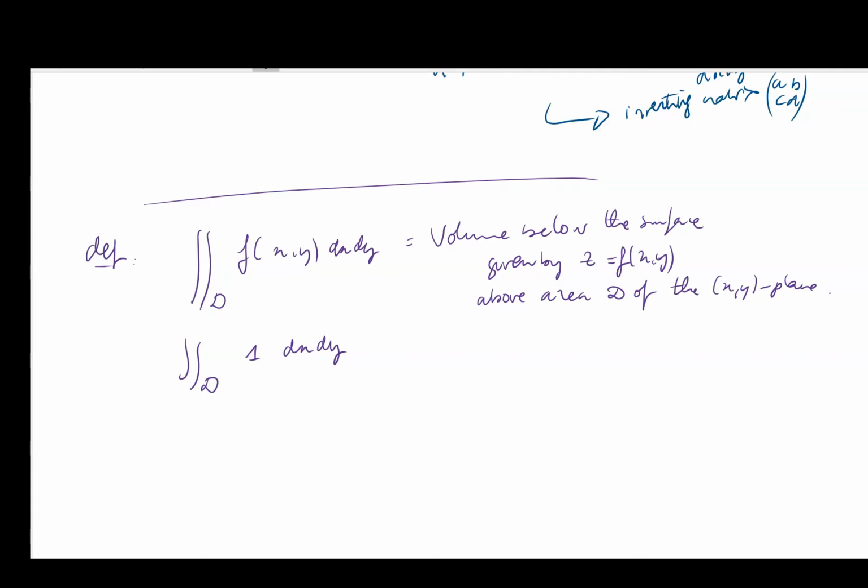That's going to be the volume below the surface of constant value 1 and above domain D. But you know that this volume is given by area times the height. As the height is equal to 1 here, that gives you the area of D. So that's very nice stuff.